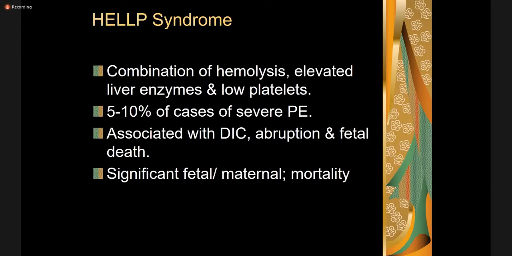Even sometimes a patient may appear normal clinically, but the investigations will show hemolysis, elevated liver enzymes, and low platelets. So always think of HELLP syndrome, because this is a serious condition with significant fetal and maternal morbidity and mortality, and is associated with disseminated intravascular coagulation, abruption, and fetal death.